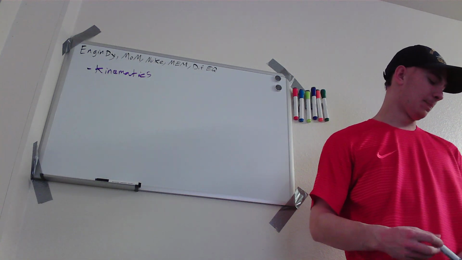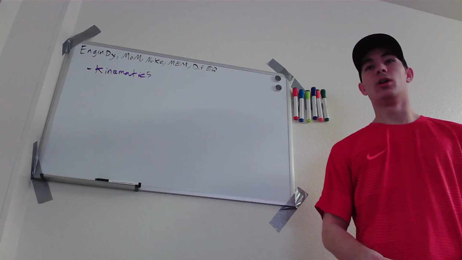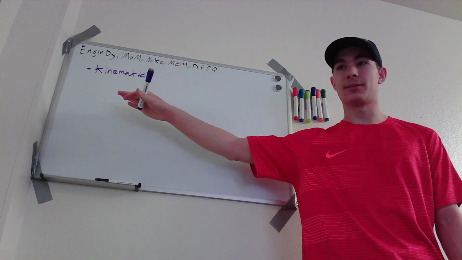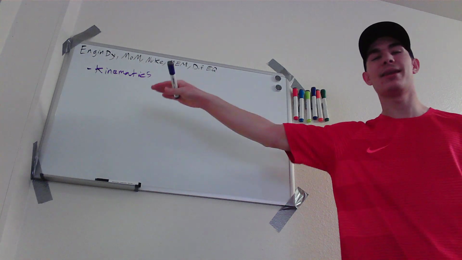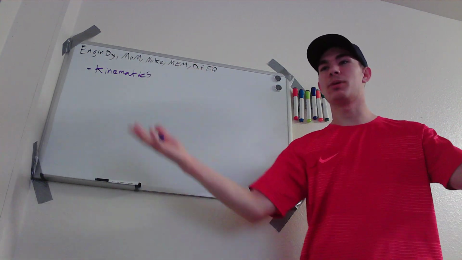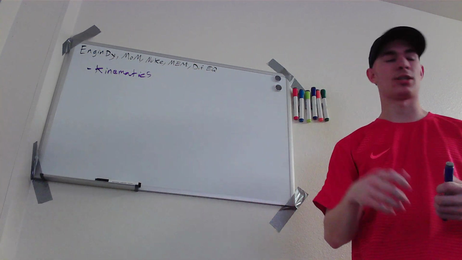We will go over kinematics and kinetics, but right now we're just going to talk about kinematics. Sorry, kinetics will be later. Kinetics is going to be gears, things like that.